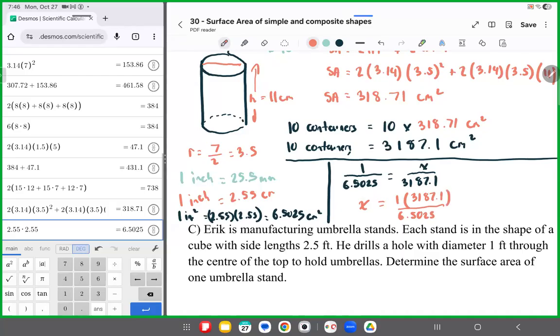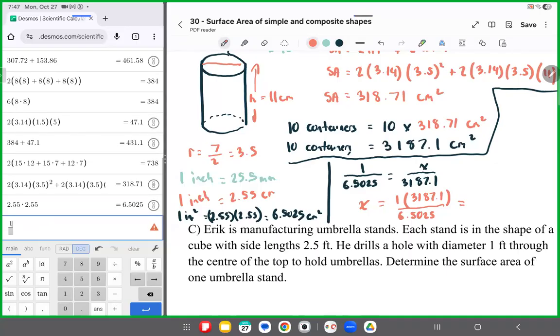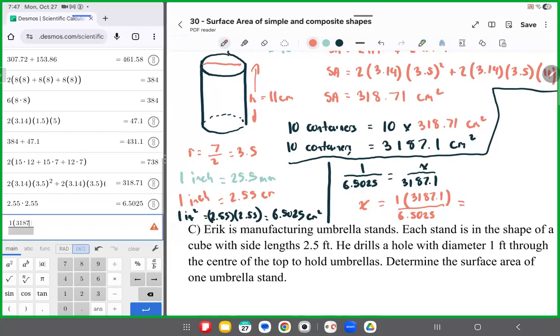Keep in mind you want to be using that chart that we learned about in the last lesson where we had to multiply these things out. Okay, and so let's go ahead and convert this. So we take 1, multiply it by 3,187.1 divided by 6.5025. And so this is going to be 490. And we'll just round this off, I suppose.